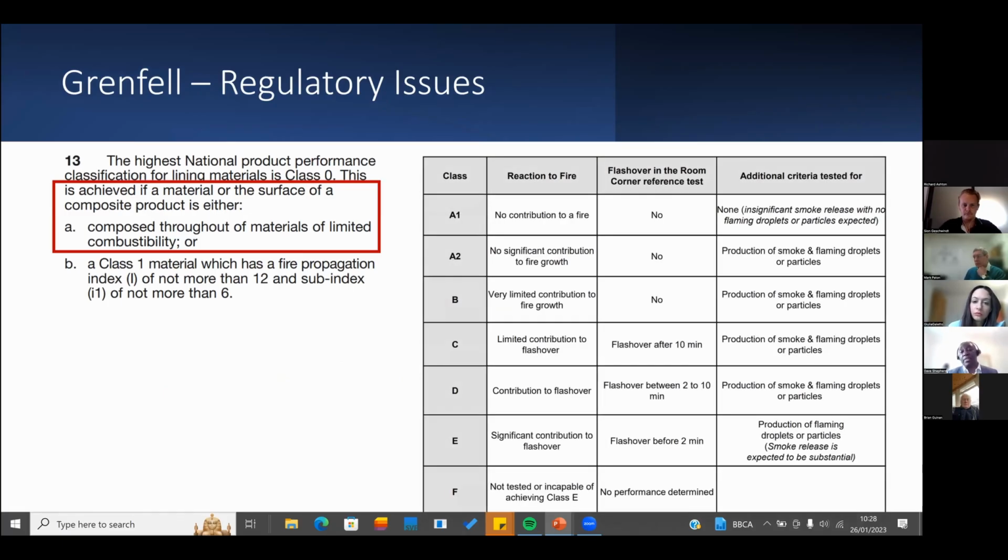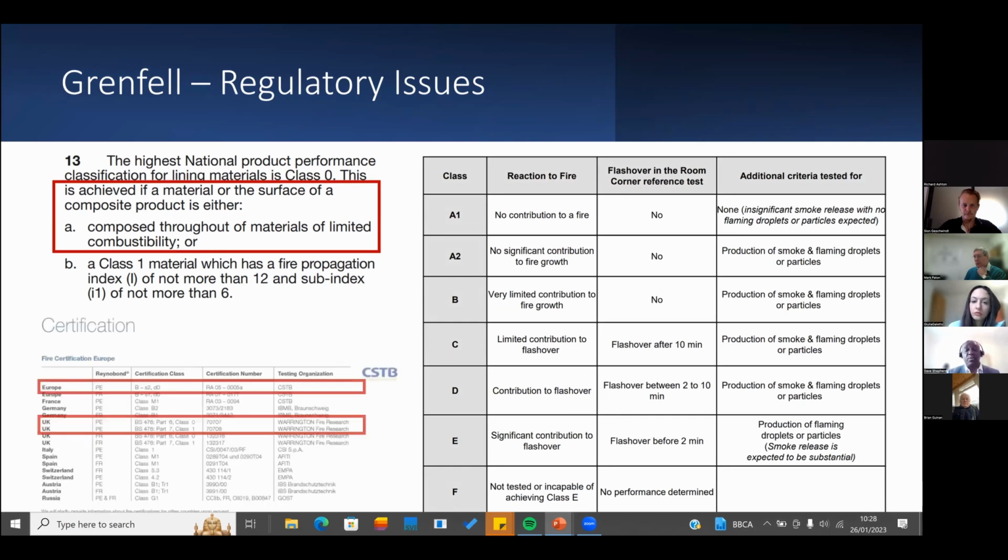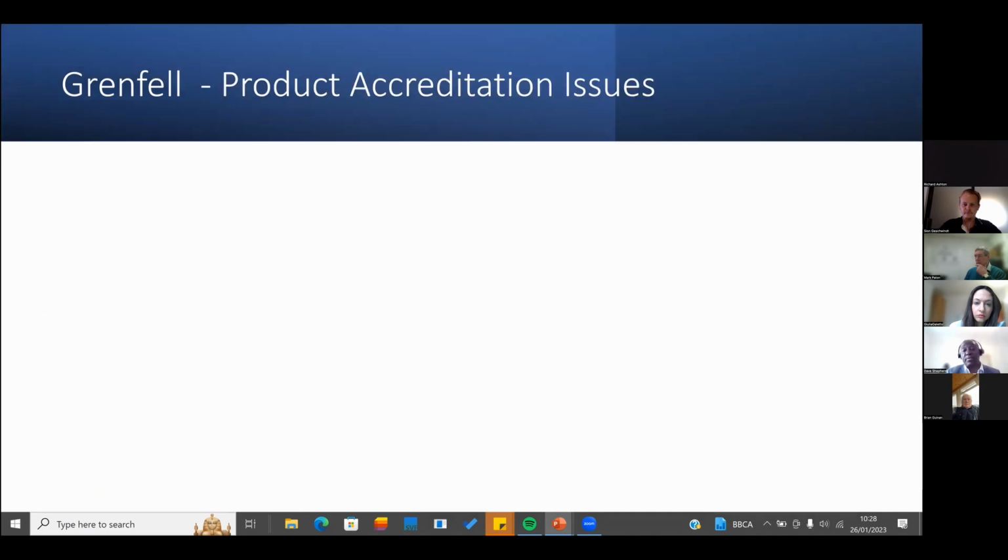Thankfully, this obviously has been changed in the building regulations. But what that meant is that, as you can see there from the certification, the class 0 was being applied to Reynobond PE, which was the one that essentially caused the fire. And in fact, in terms of the Euro classes, it had gone down from B to E as a result of an adverse reaction to fire. But this hadn't been reported because it was still class 0.